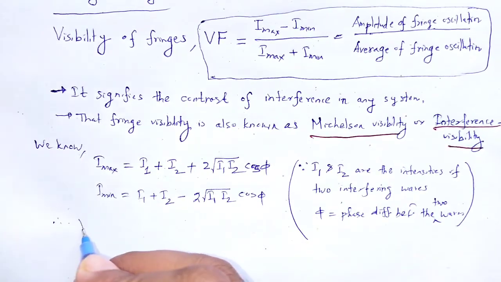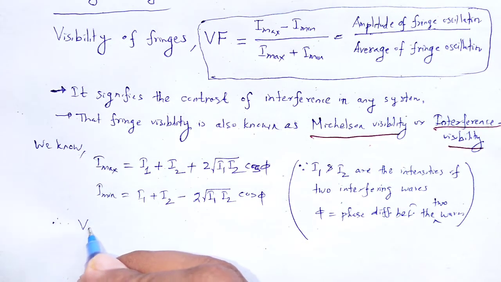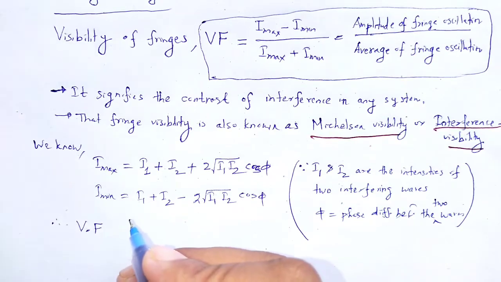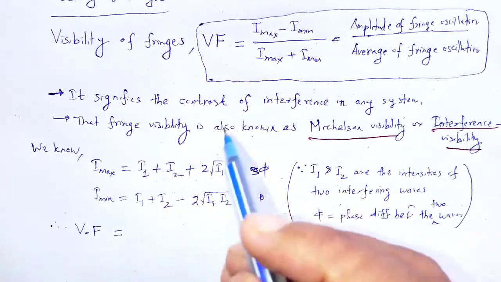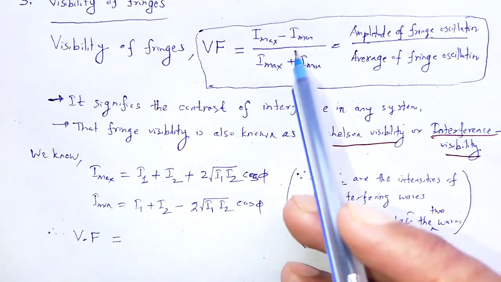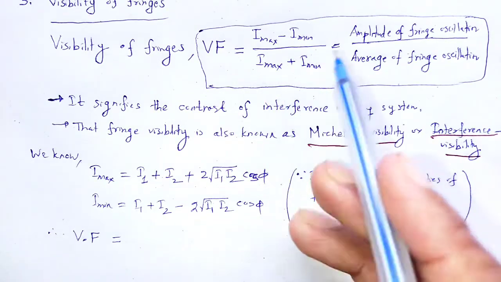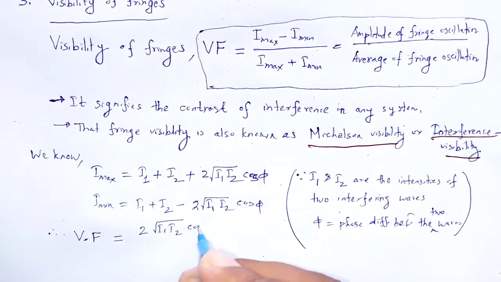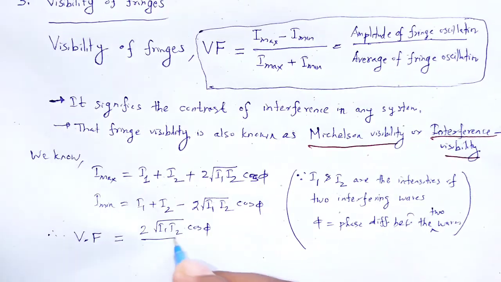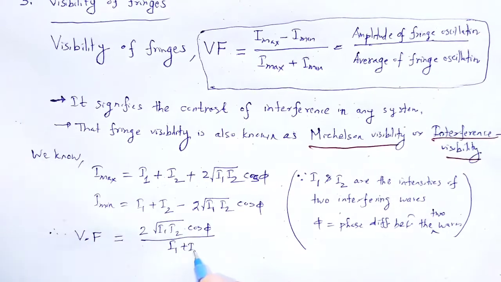Therefore, visibility of fringes Vf is equal to, putting these values in I max minus I min divided by I max plus I min, 2 root I1 I2 cos phi divided by I1 plus I2.